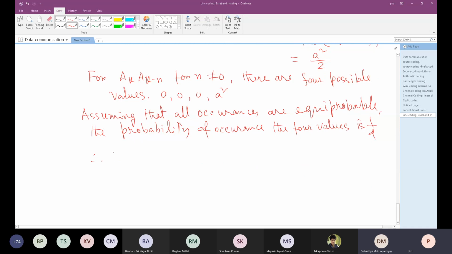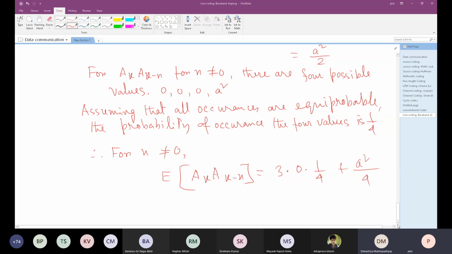So therefore for n not equal to 0, expectation of AK AK minus n is equal to 3 zeros of equal probability 1 by 4, plus 1 with A square divided by 4. So that is equal to A square by 4.